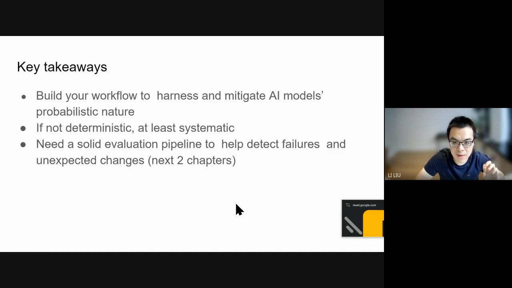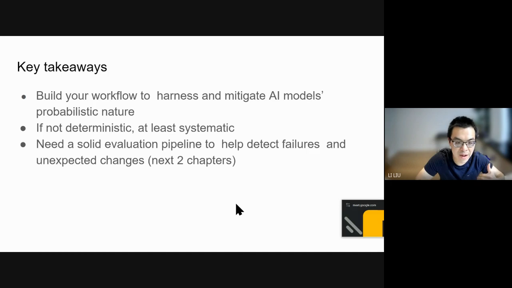But also very important is to mitigate the probabilistic nature, because maybe we cannot build a 100% deterministic model, but at least we want the outputs to be very systematic, especially when we want to build that into a production system.